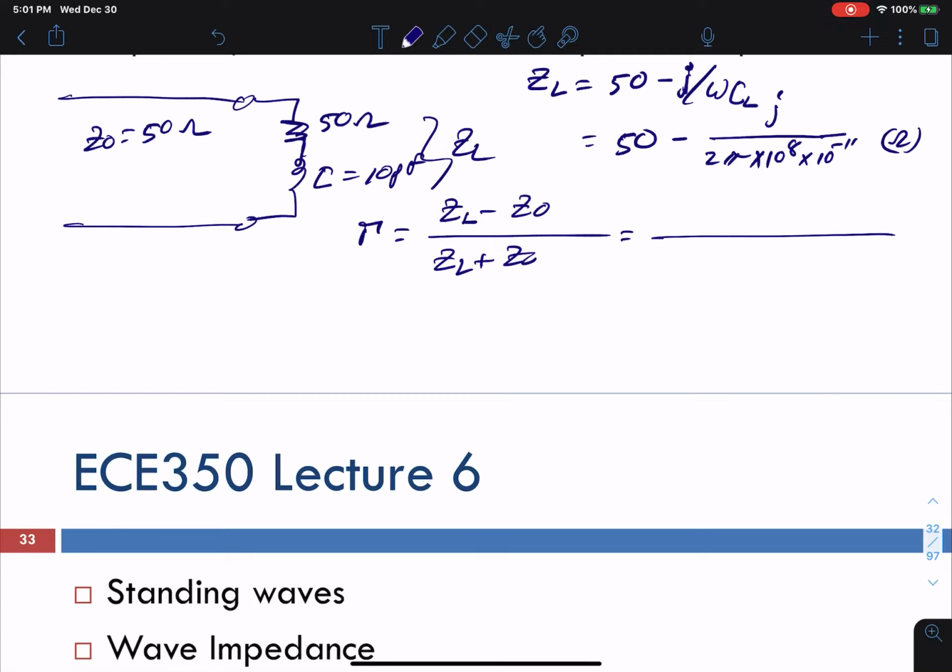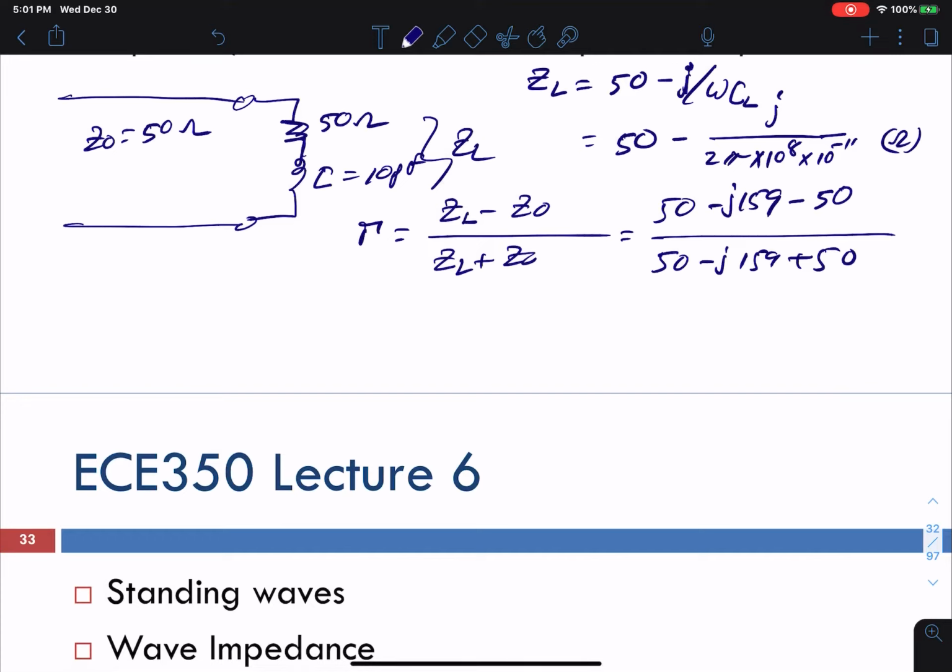So it is 50 minus j159, minus 50, over 50 minus j159 plus 50.